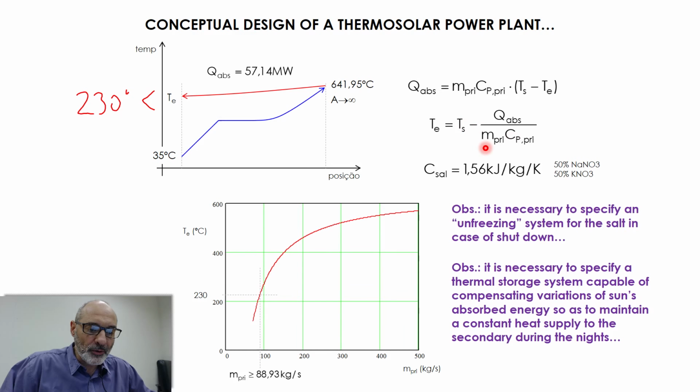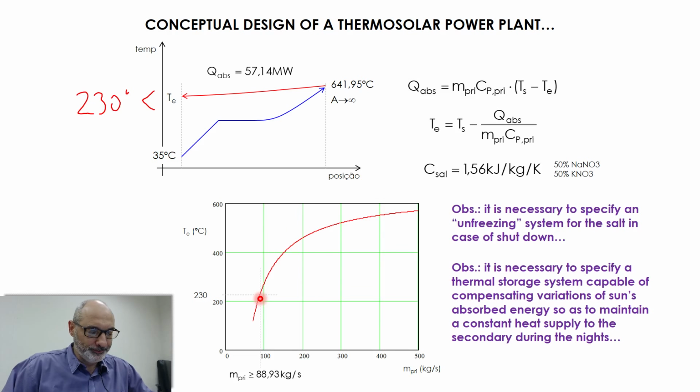So this equation is plotted here, so I have TE from this formula, and here the flow rate of the primary fluid, okay, and we get this result. Above 88.93 kilograms per second, we have temperatures higher than 230, okay?